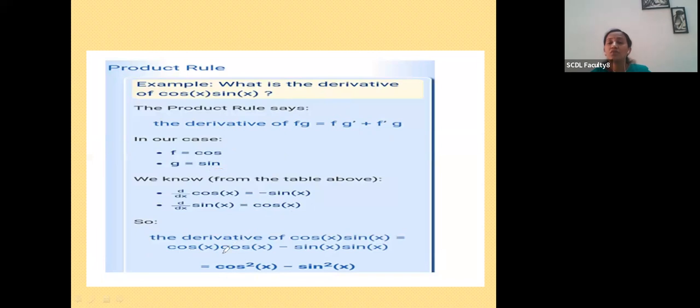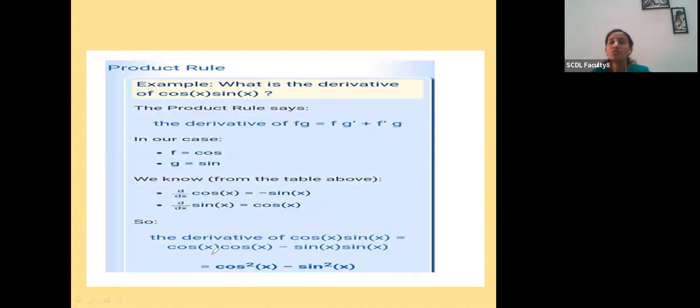The derivative of sin x is cos x, so cos x times cos x. Now f dash means the derivative of cos x, which is minus sin x. In the given formula it's a plus, but since the derivative of cos x is minus sin x, we write minus sin x, and g remains the same, sin x.